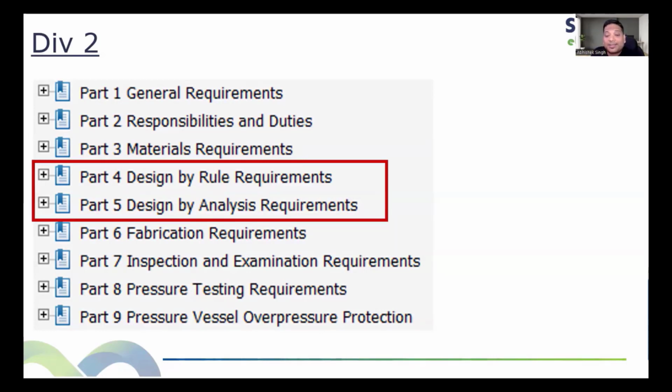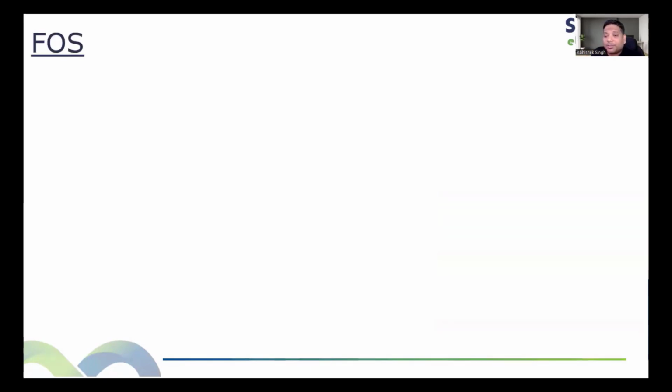Fabrication requirement in Part 6, Part 7 inspection requirement, Part 8 pressure testing, and Part 9 overpressure protection. So these are the things which are there in Division 2. This was just for information, so that the structure is a little bit clear to you if you are new to Division 2.